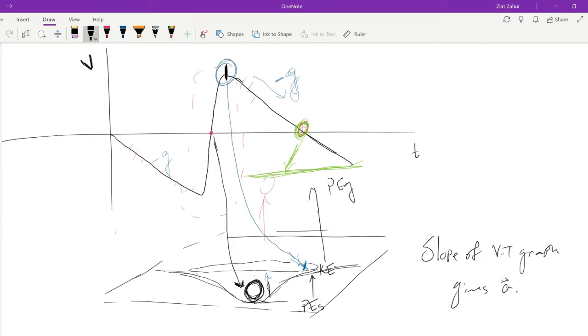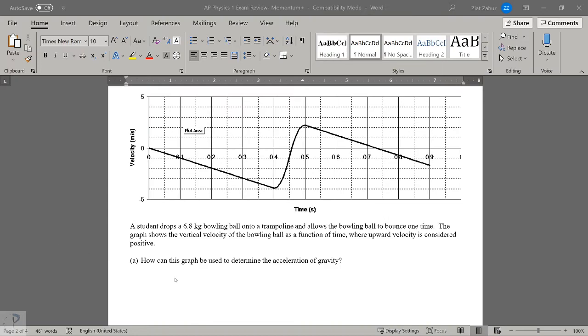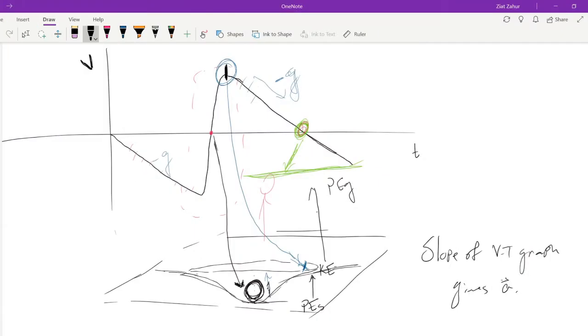All right, and we have to take the slope at particular times. So you would have to not only just say take the slope, but actually point it out, because the question asks how can the graph be used to determine the acceleration of gravity? The slope gives you the acceleration of the ball as a function of time, and the acceleration of the ball is changing, right? Because it is being affected by different forces. At first, it's being affected by gravity only, and then it starts being affected by the trampoline, the spring force, and then back to gravity.